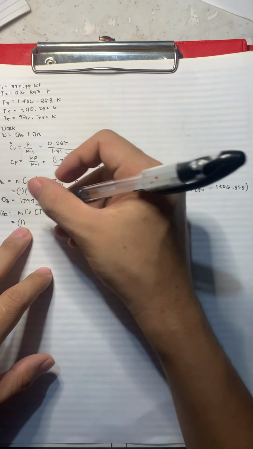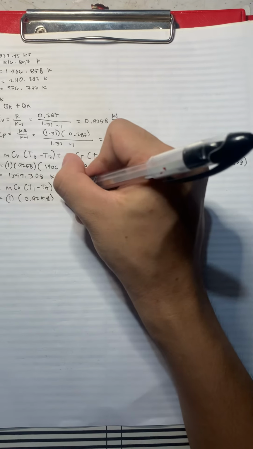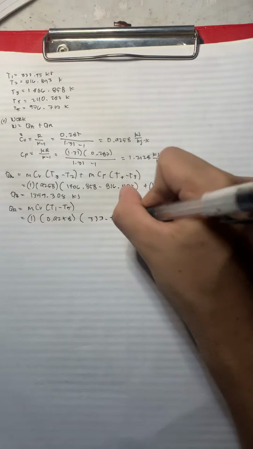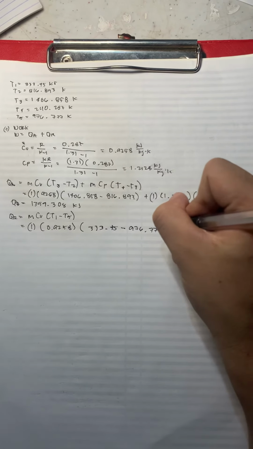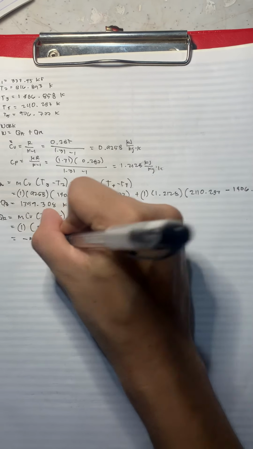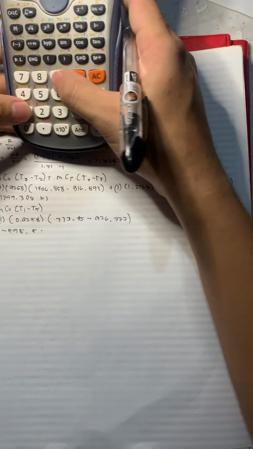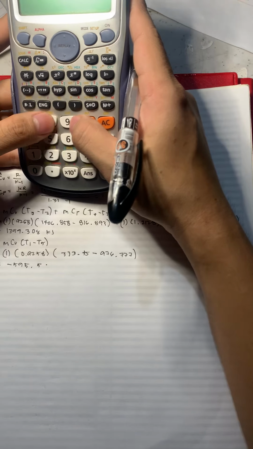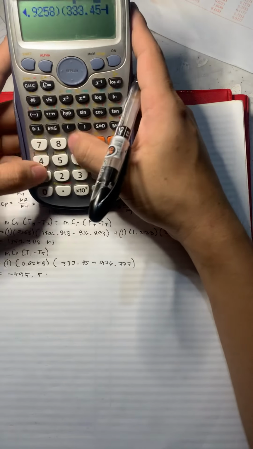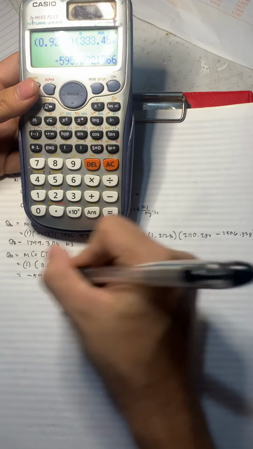Mass is 1, CV is 0.9258, and T1 is 333.45 minus 976.777, equals negative 595.952 kilojoule.